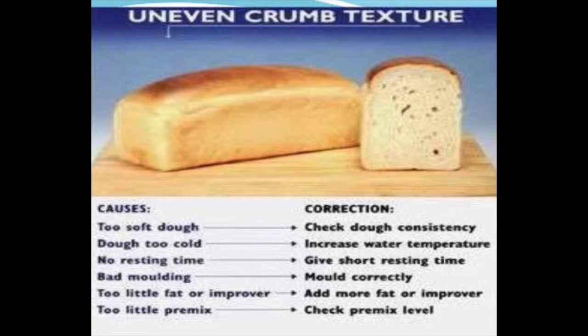If you are using weak flour, it cannot withstand the pressure of carbon dioxide gas produced during proofing or fermentation. If you are using high yeast in the formula, there is more carbon dioxide production and more holes and tunnels because of this high production of carbon dioxide.